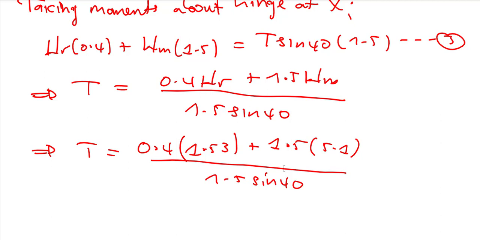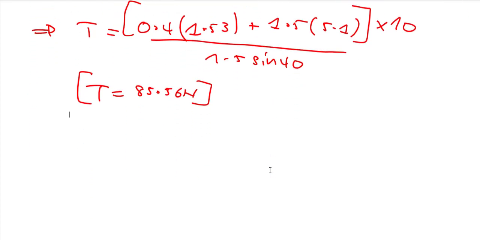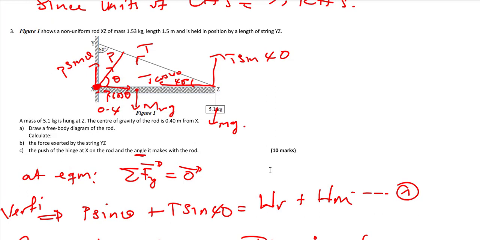All of this will be multiplied by 10, since the weight is mg and I use the mass, so I just multiply by 10. So we have about 85.56 Newton. So T will be equal to 85.56 Newton. We have calculated the force exerted on the string.